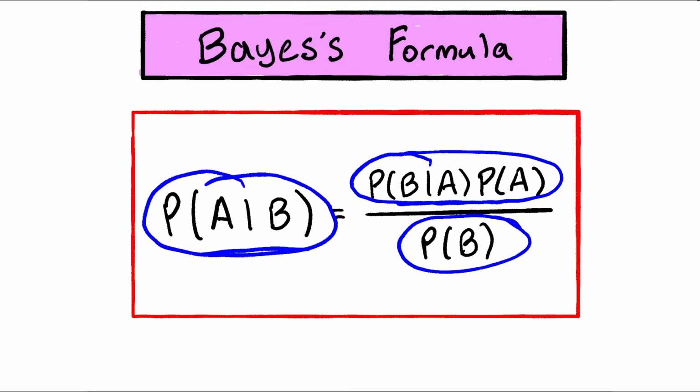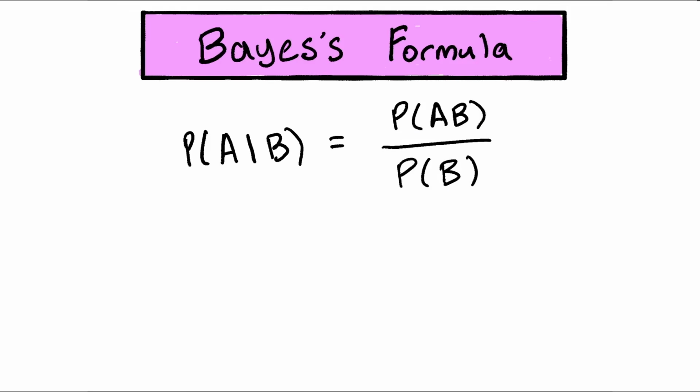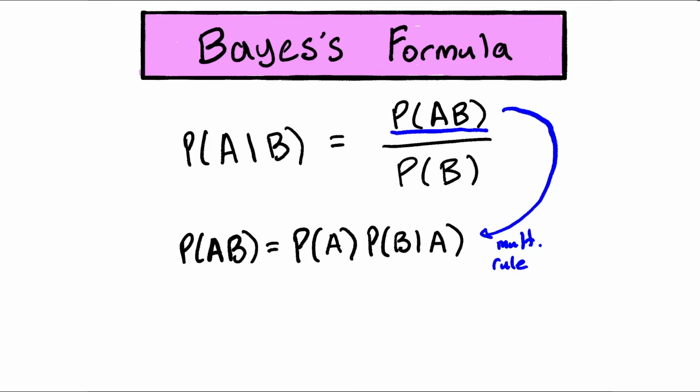Now, where does this equation come from? Well, if we start with our equation for the normal conditional probability, the probability of A given B is the probability of A and B divided by the probability of B. If we use the multiplication rule on the probability of A and B, we know that the probability of A and B is the probability of A times the probability of B given A. That's from the multiplication rule.